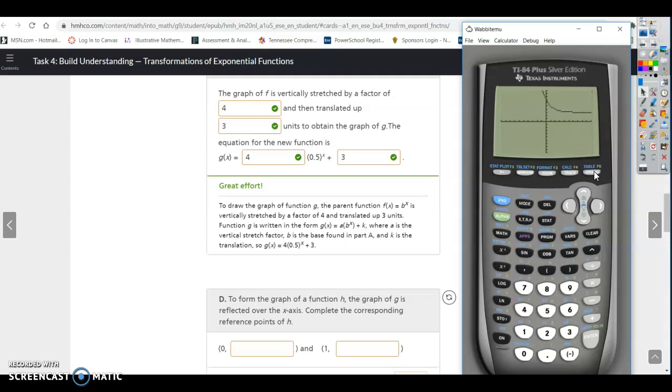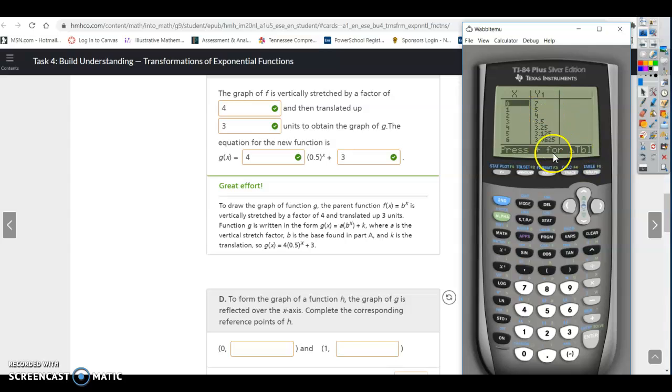Okay, so it says to form the graph of a function h, the graph of g is reflected over the x-axis. So here's the x. We want to form a new function that's going to look like this right here. It's going to go down. It's just going to be a reflection across this x-axis. So our reference points, if our reference point's here, let's see what it is.